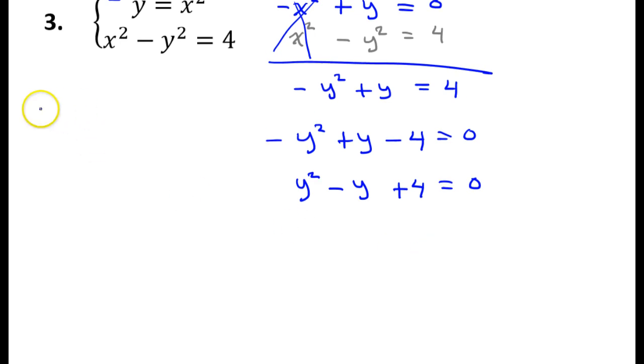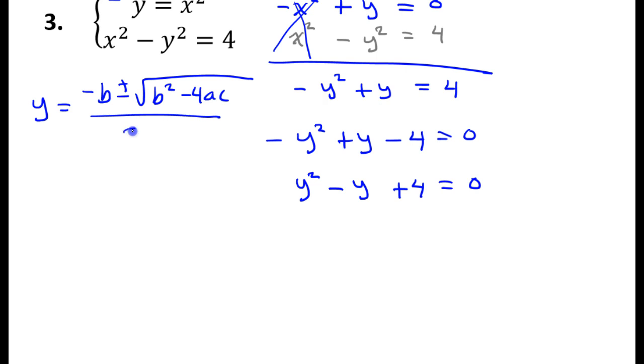According to the quadratic formula, y should equal the opposite of b plus or minus the square root of b squared minus 4ac all over 2a. And in this case, a is 1, b is this negative 1, and this positive 4, that's c.